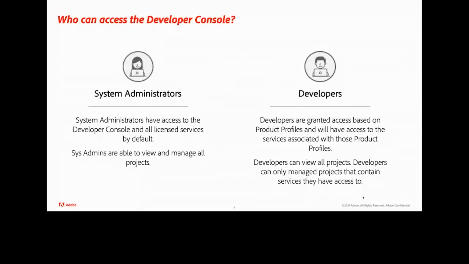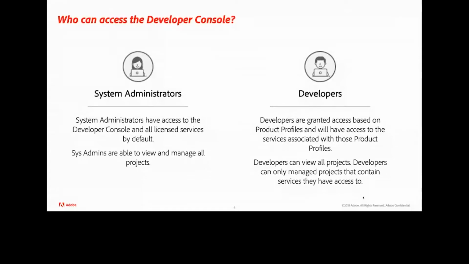And as such, they also have full access to the Developer Console and all the licensed services that the organization has access to. System administrators are also able to view and manage all projects, and we'll talk about what projects are in a second. But just know, as a system administrator, you can administer all of the developer activities using the Developer Console.